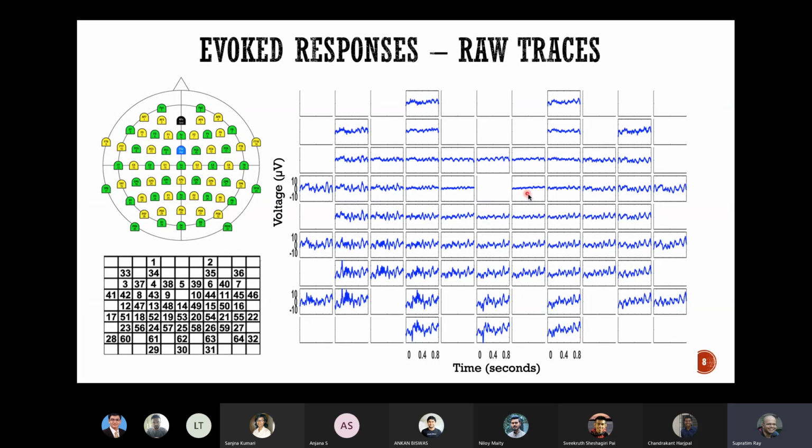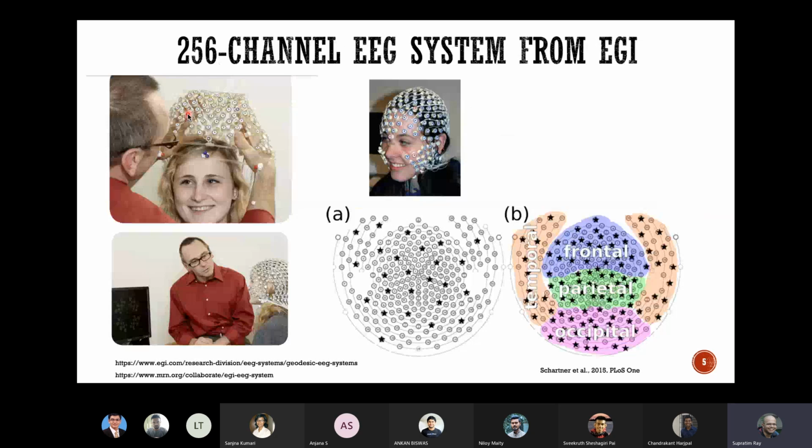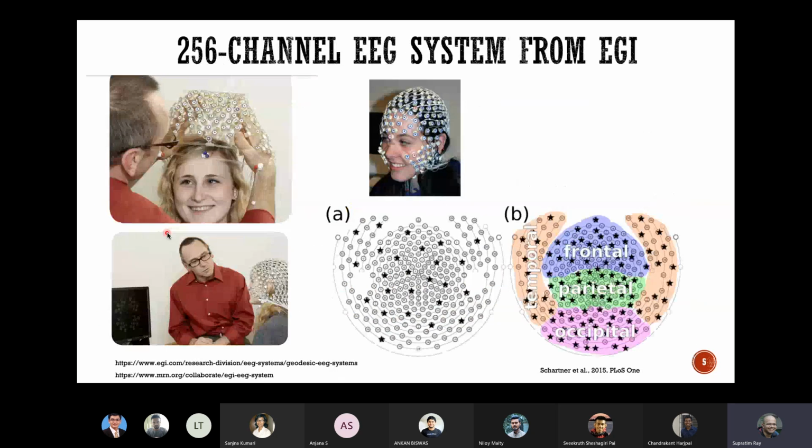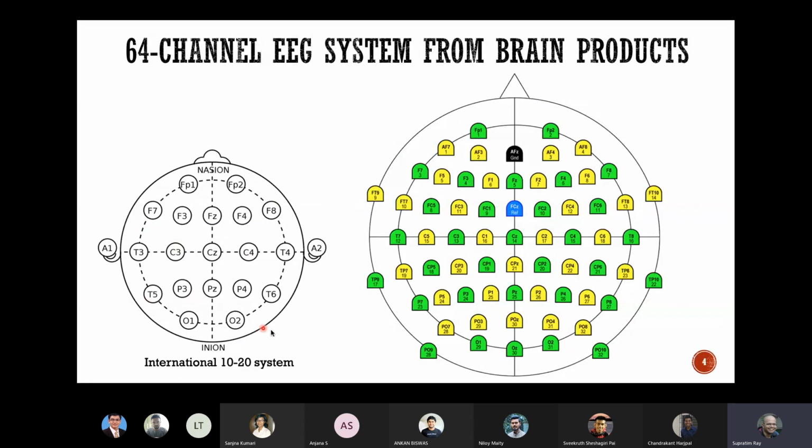To get to a plot like this, you have to have an idea of where each electrode location is, and that's an important factor. Usually the reason why we have caps like these is because then you can very easily know where the electrode position is. They can't move too much. However, you don't necessarily need to have a cap. You could, if you wanted, stick electrodes one by one at these locations if you knew where these locations were.